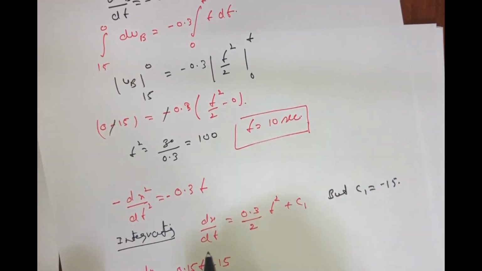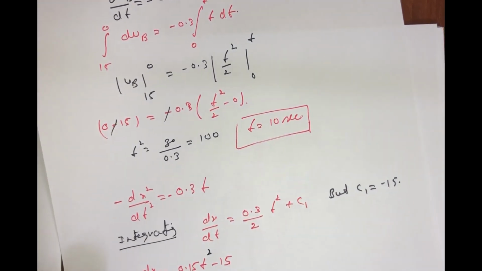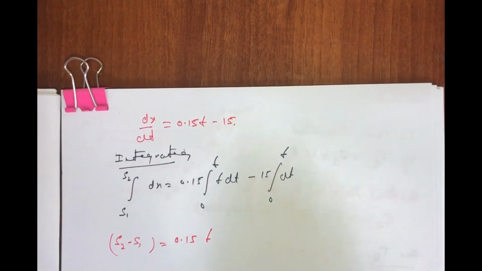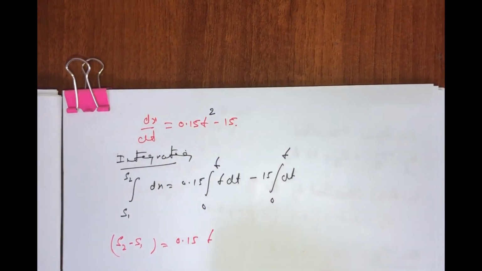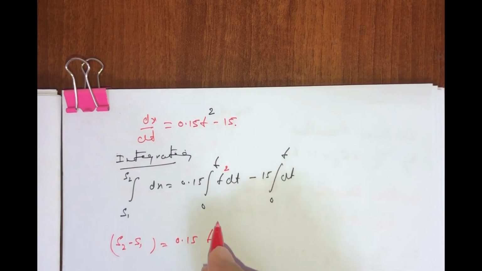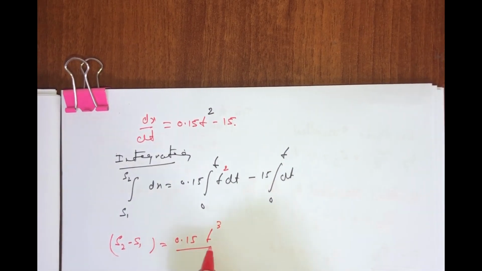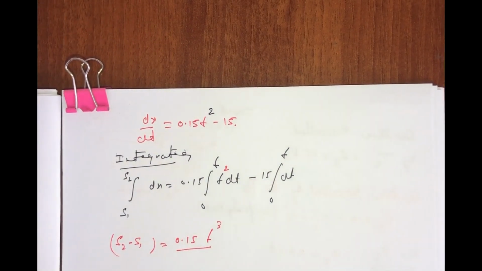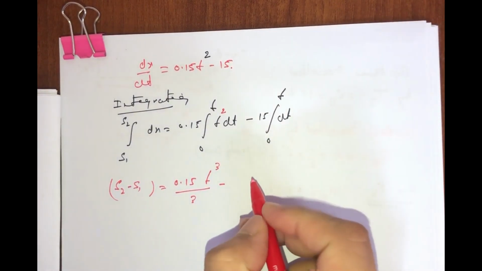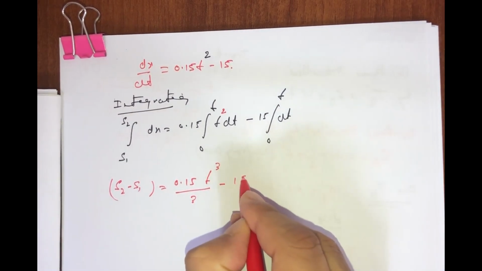I missed one part: this is t square, as well as this will be square. So finally this will come as t cube divided by 3 minus 15t.